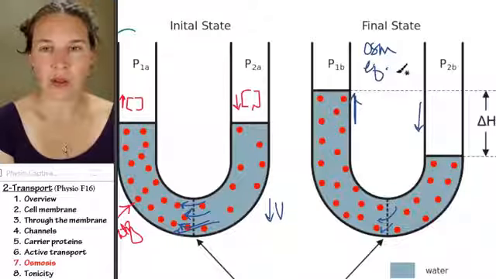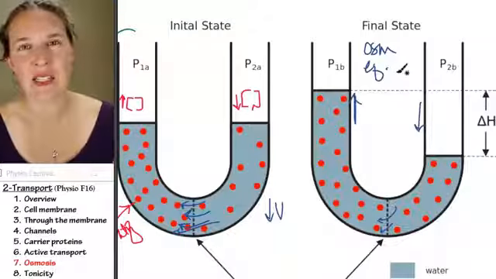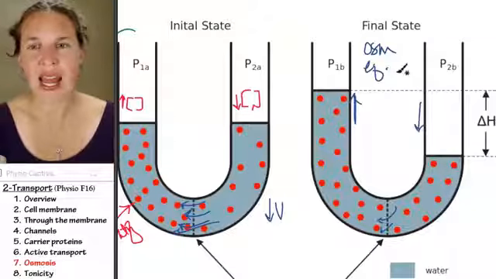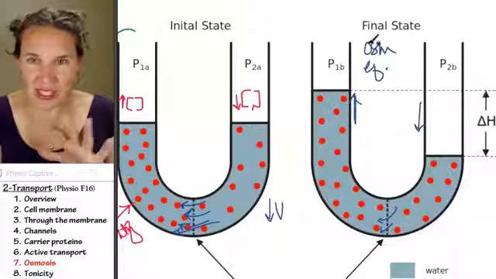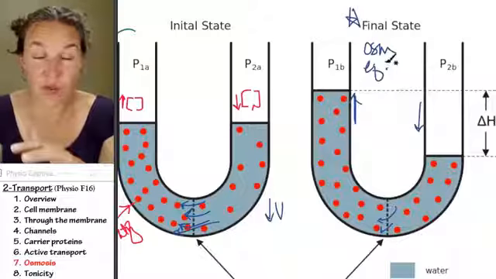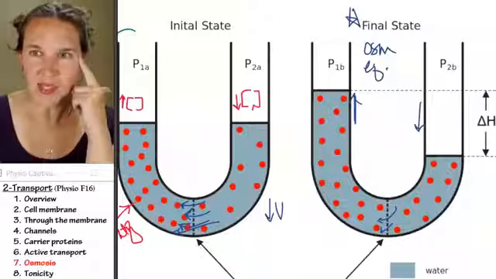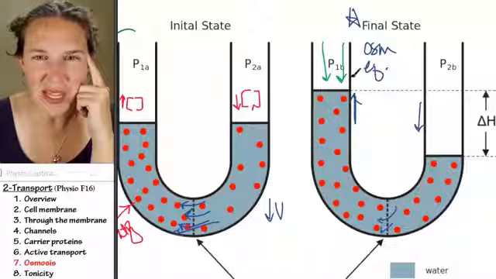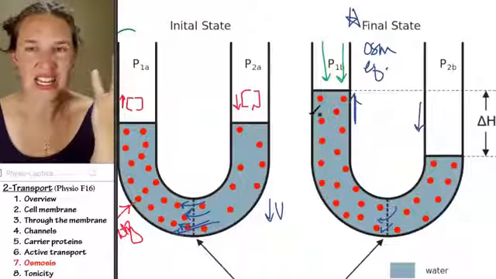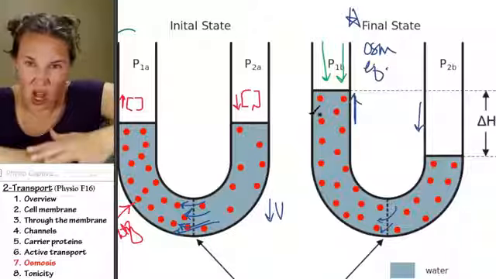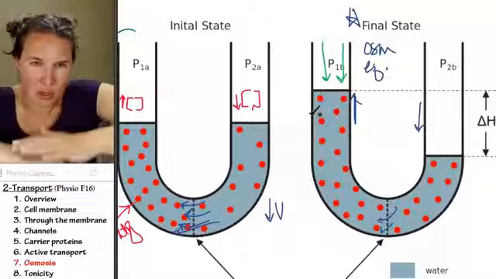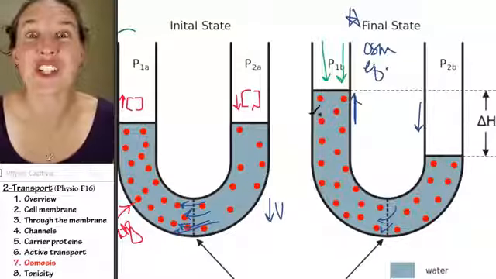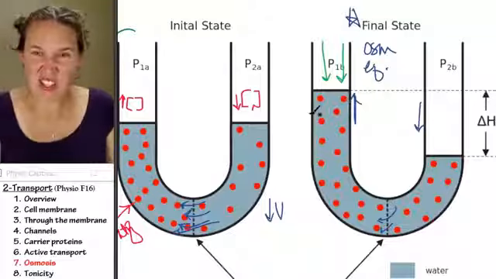Now, that actually creates pressure. If you look at this scenario where we've reached osmotic equilibrium, think about this for a second. If I took some big old floppy boots and stomped on that water and pushed it down, I applied pressure and squeezed the water.